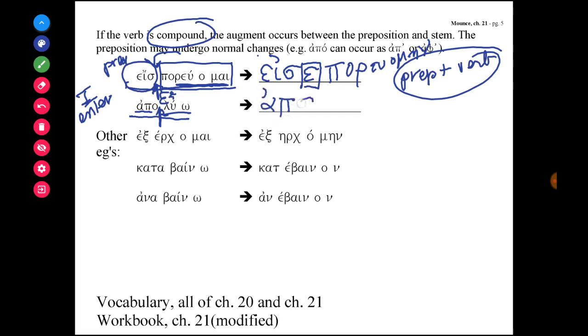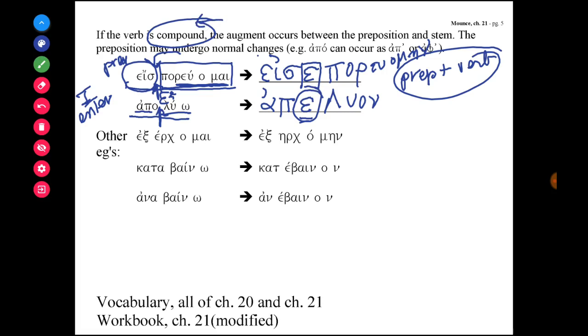You add the augment, the omicron drops in front of the epsilon, and it's ἀπέλυον, which is I was freeing, ἀπέλυον.